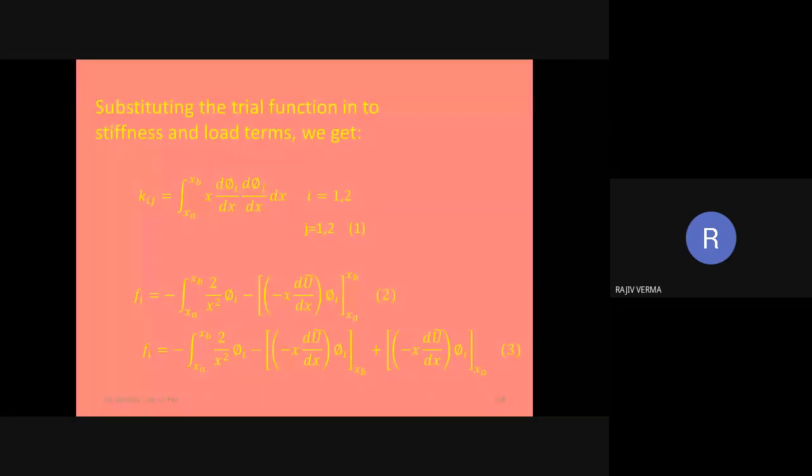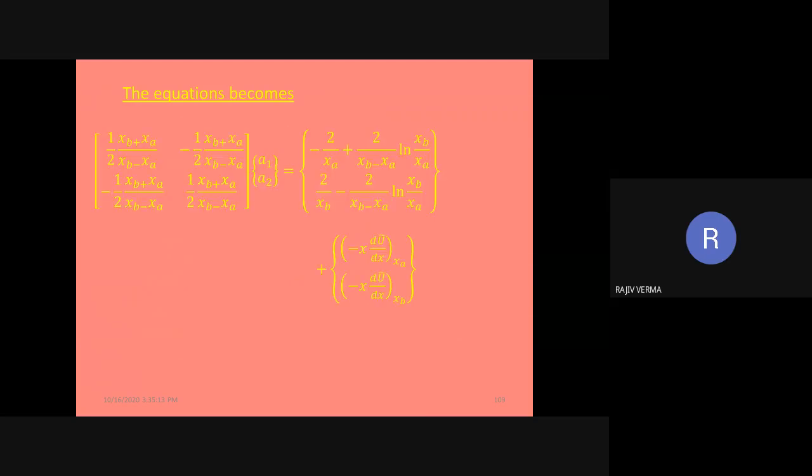So that gives us the right hand side of the first equation. And then we keep the value of i to be 2, which gives us the right hand side of the second equation. And once we do all the manipulations, substitution part, we get these equations.